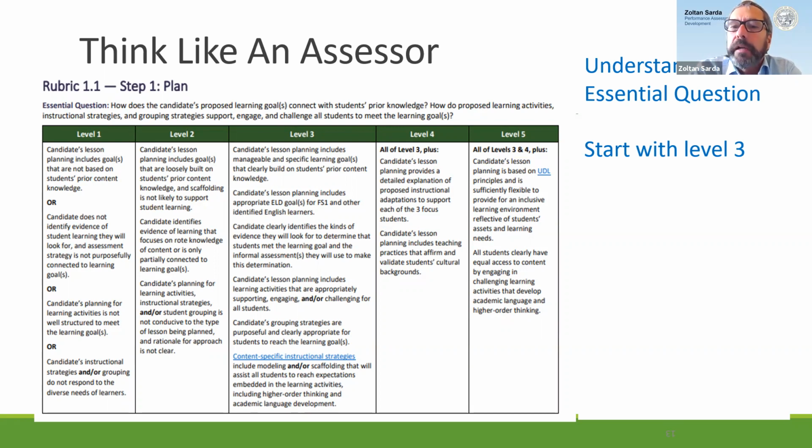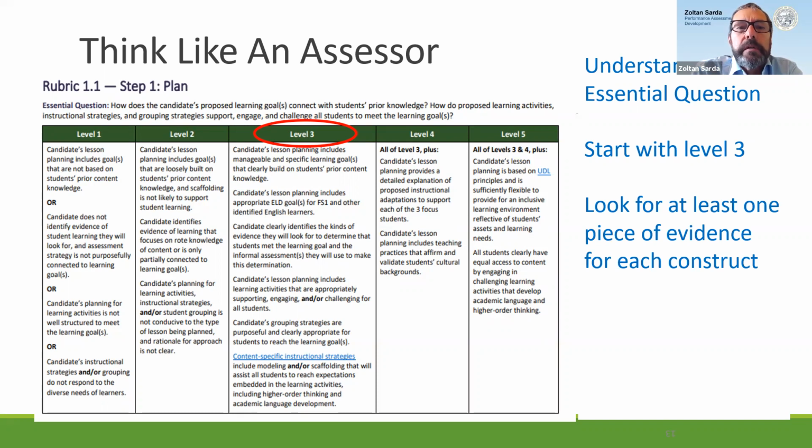Often in other kinds of rubrics, we might look holistically at it, or we might look at level 1 and see if the evidence is there for level 1. But assessors start with level 3 because that is expected performance. That is solid expected performance. Then the assessor goes through construct by construct.